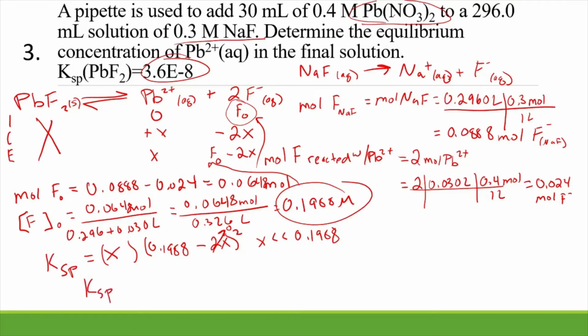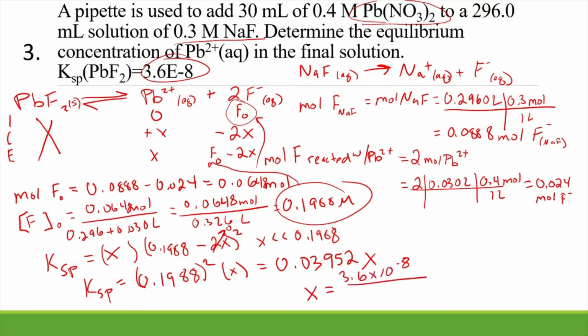So KSP is equal to 0.1988 squared times X, which is 0.03952 times X. So X is equal to KSP divided by that, 3.6 times 10 to the -8th divided by 0.03952, and that gets you 9.11 times 10 to the negative 7th molar.